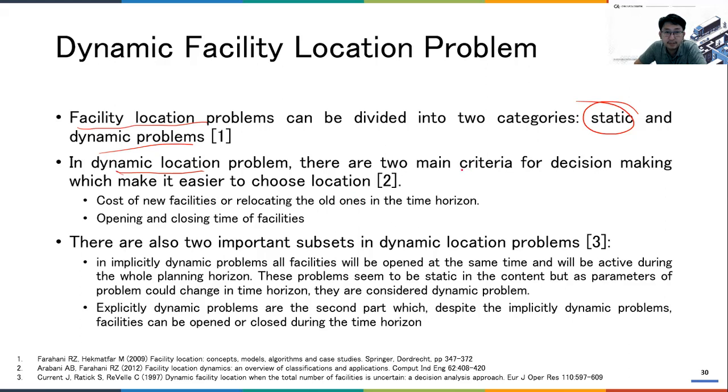Basically there are two main criteria for decision making to choose location: the cost of relocating to a new one versus relocating the old one, or opening and closing the facility location.